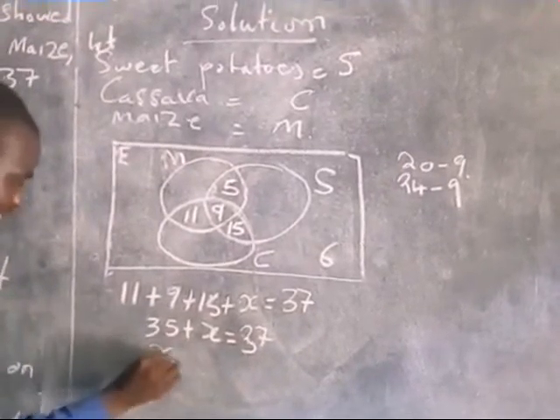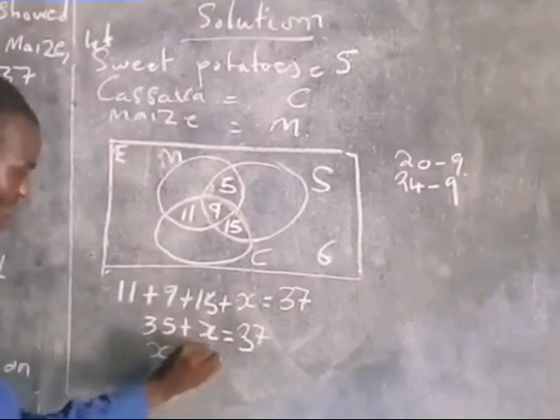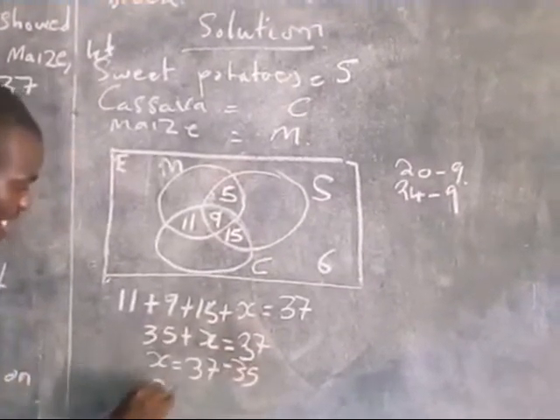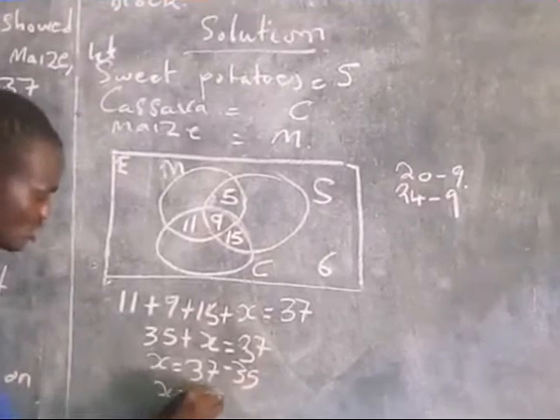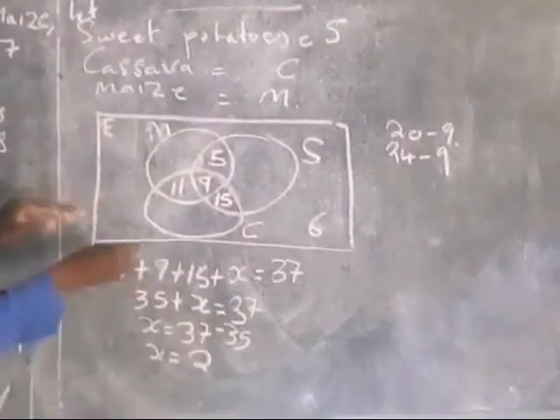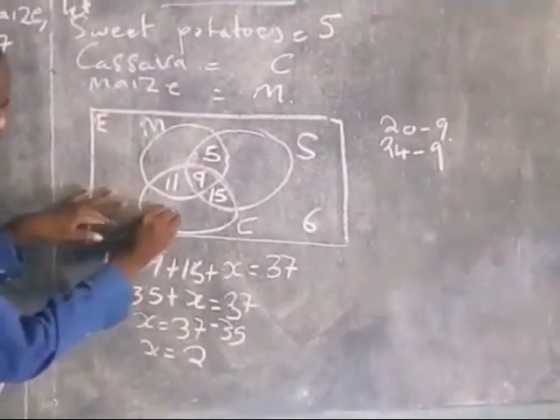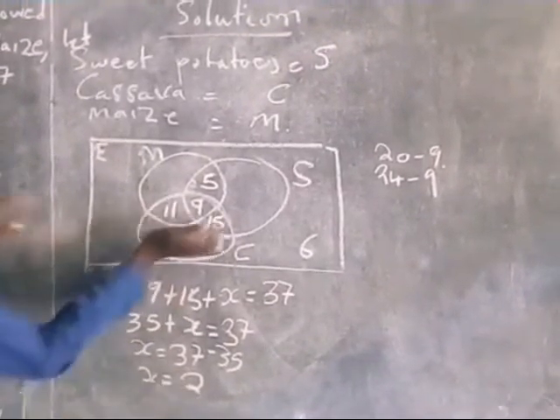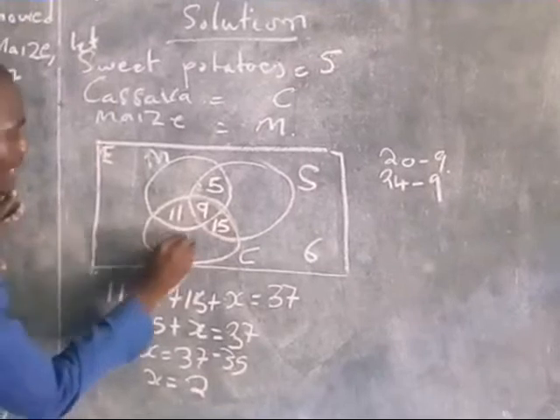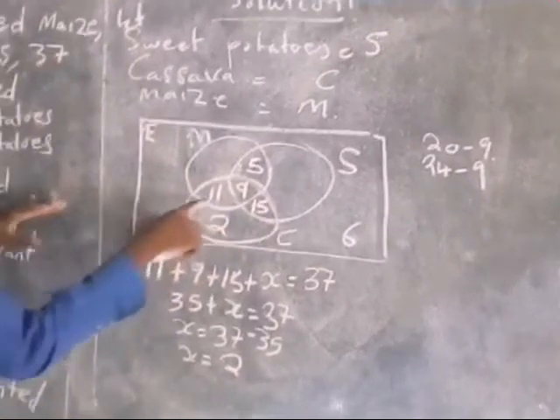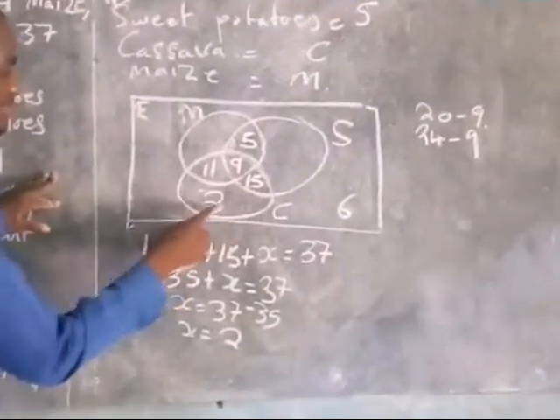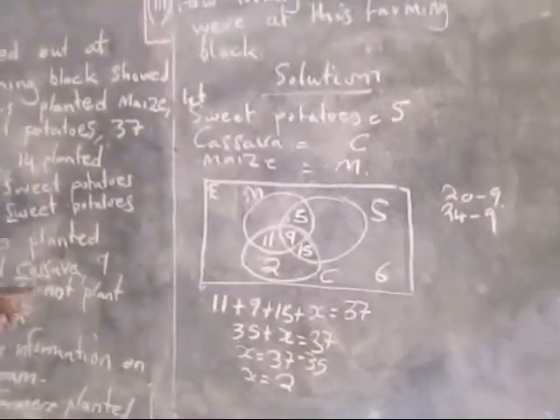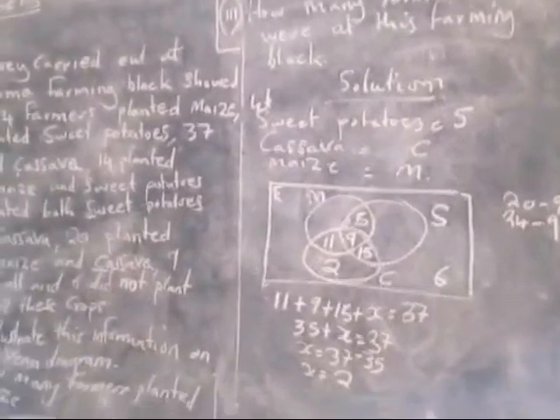So we need to know what 37 minus 35 is. And we are going to find that x is 2. So it means that this part here, which we don't know, is equal to 2. So we'll replace it by 2. So 11 plus 9 plus 15 plus 2 should give us 37 as directed.